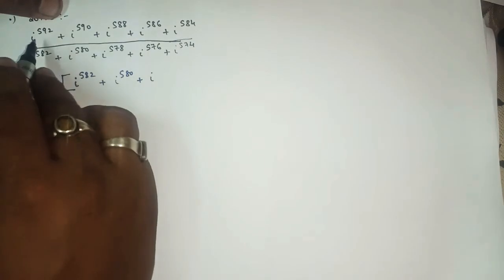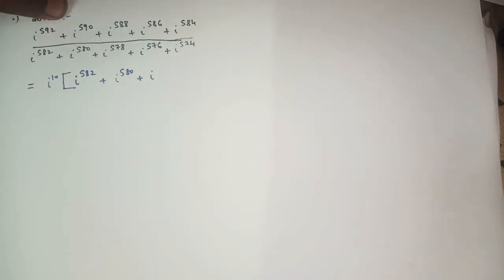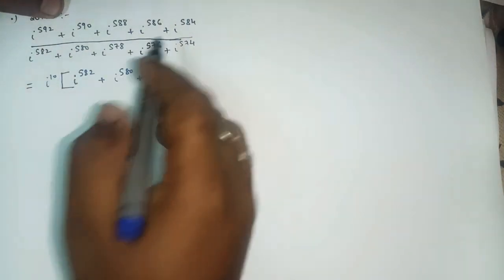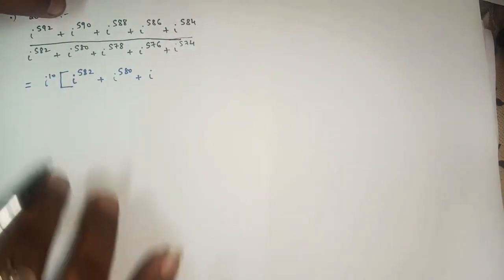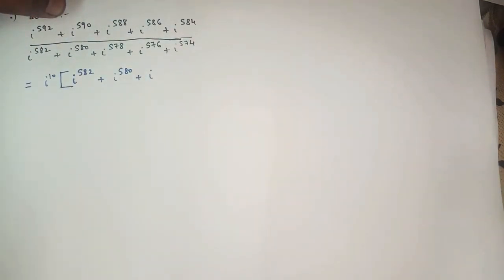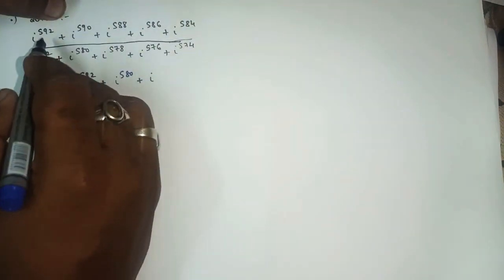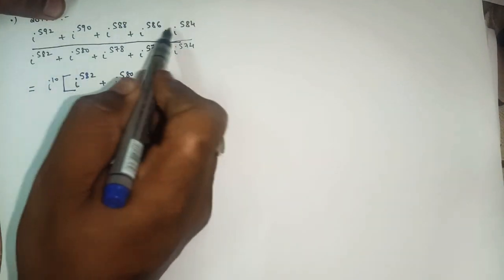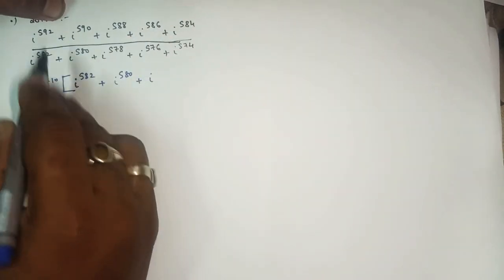So clearly we can see that i raised to 10 can be taken out. Actually, it is not common as such, but we saw the difference was 10. So to make the sum easy and find the answer in just a fraction of a second, I decided to remove i raised to 10 from each part.